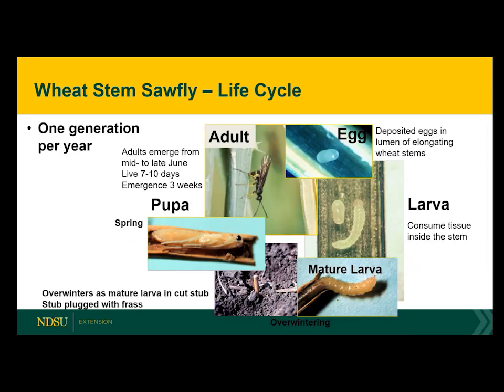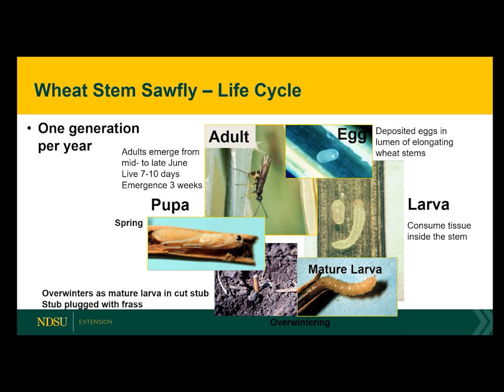As an overview, we do have 1 generation per year. Adults emerge mid-June. They live for 10 days, and our emergence window is 3 weeks. They deposit their eggs on the weak stem, continue to develop into larvae, and then mature.